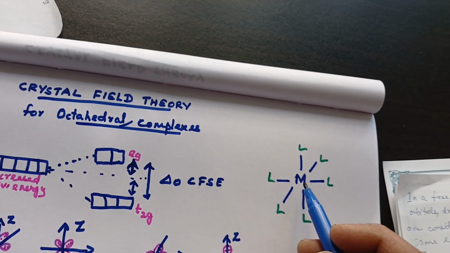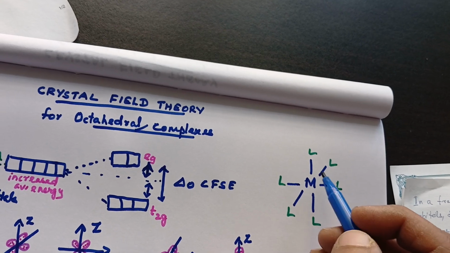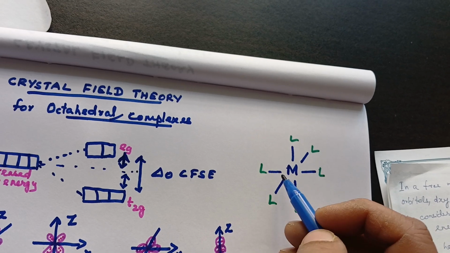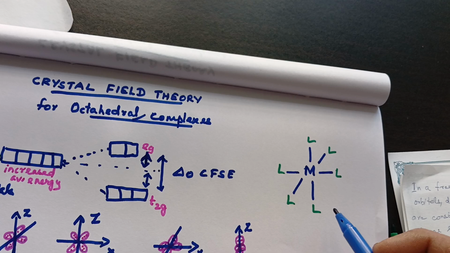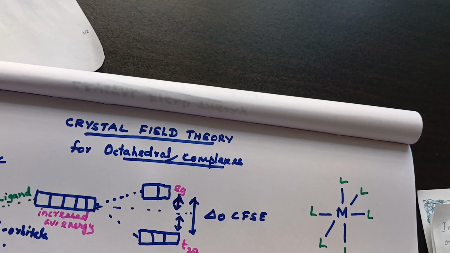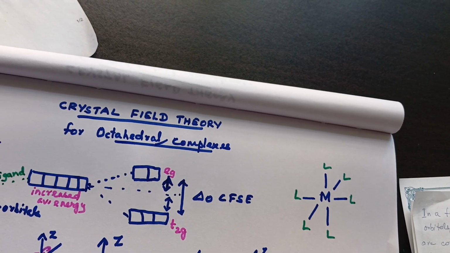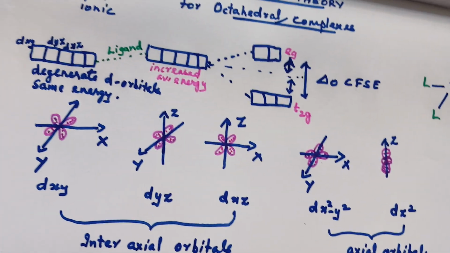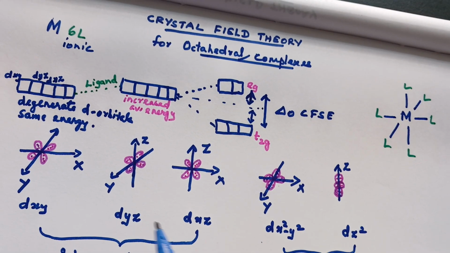We know that in an octahedral complex, the ligands approach the metal atom along the axis, that is, along the x-axis, y-axis and z-axis. And if you remember the orientation of the d orbitals, there are interaxial orbitals like the dxy, dyz and dxz orbitals.